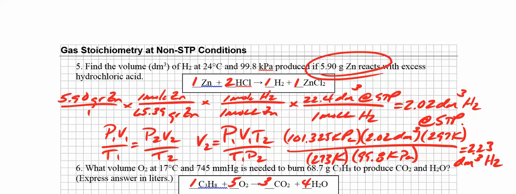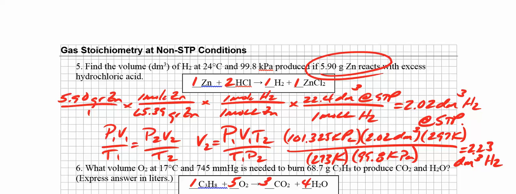So here we go. I'm going to consider the first situation to be standard conditions. So the T1, the V1, and the P1 are standard conditions. So let's go. P1 is, I'm going to do this in kilopascals, so 101.325 kilopascals times V1, which is 2.02 cubic decimeters. I just calculated that right there, times T2, 297 Kelvin.